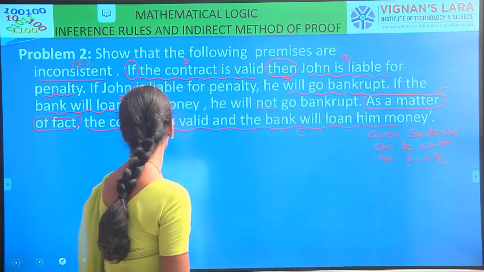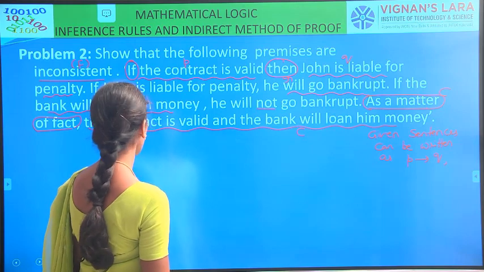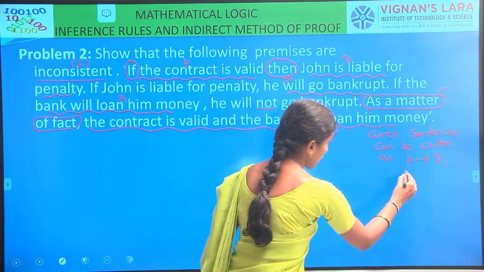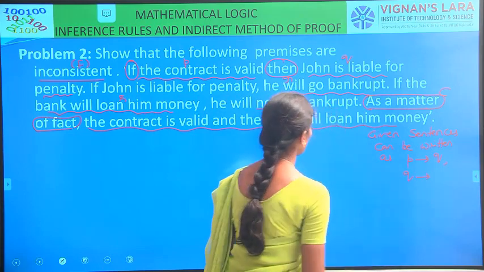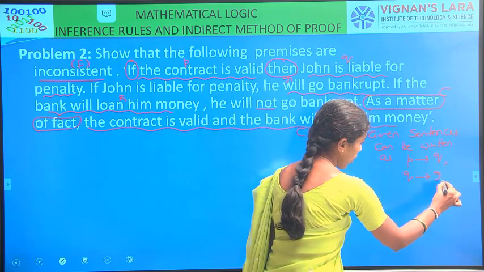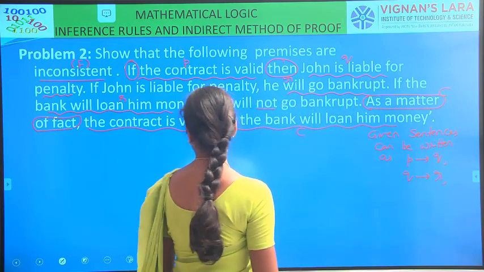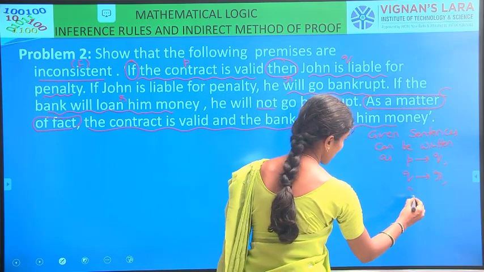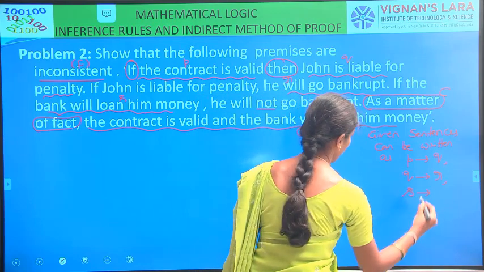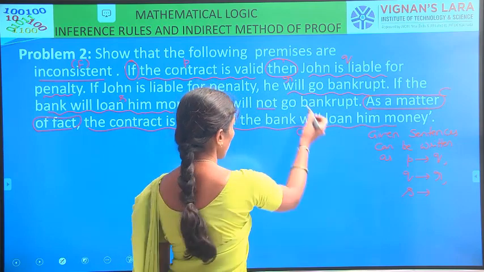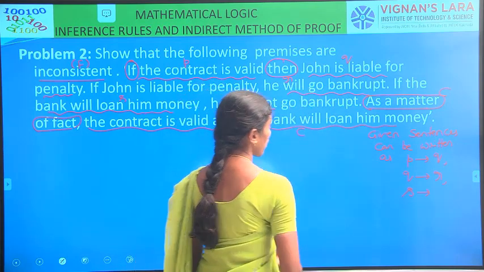Next one is, if John is liable for penalty, it is denoted by Q. Then he will go bankrupt, it is denoted by R. If the bank will loan him money, is denoted by S. Then he will not go bankrupt. He will go bankrupt is denoted by R.